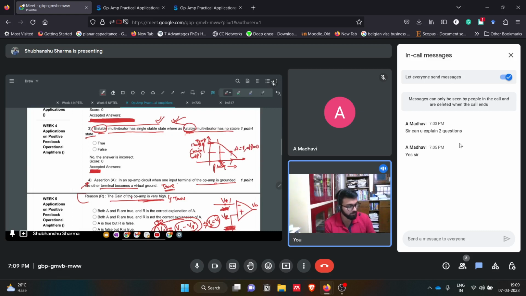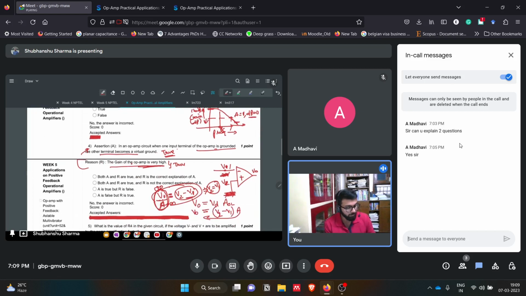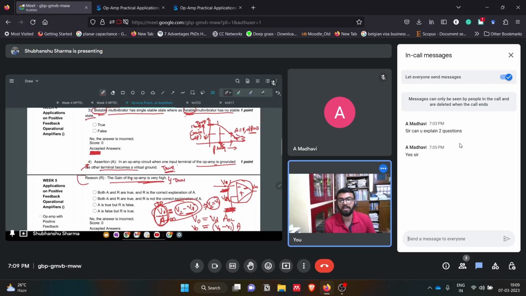The gain will become less than 1, or 0 dB; the gain will decrease. If the open loop gain decreases, the op amp will not be able to show the effect of virtual ground or virtual short, because it is moving away from its ideal behavior.